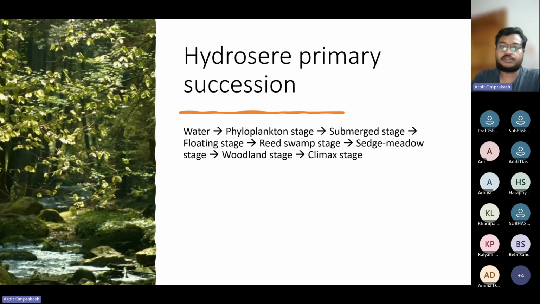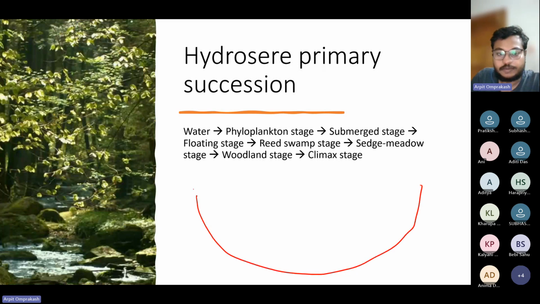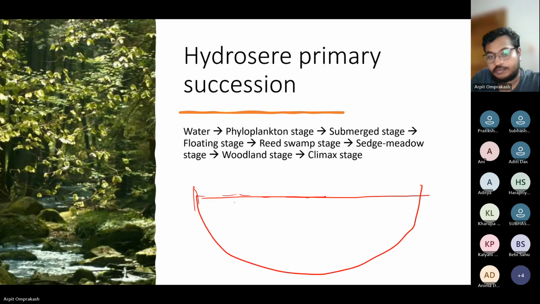Or in a hydrosphere, if we have a primary succession, it might look something like this. So, for example, you initially have water in this area, then you have development of phytoplanktons in this water.